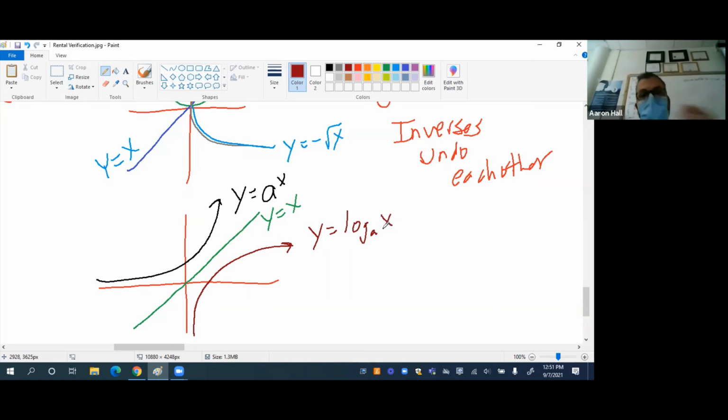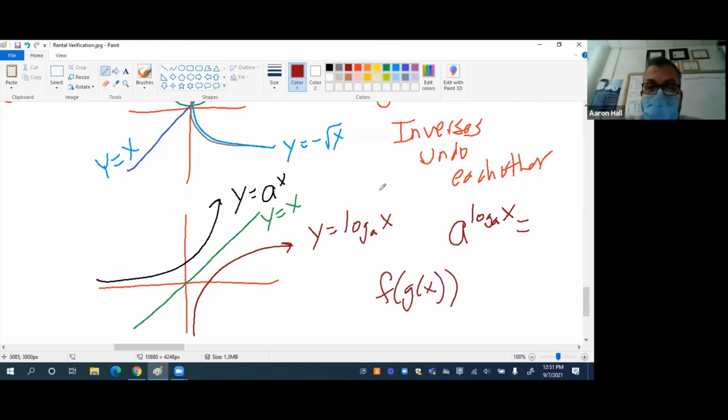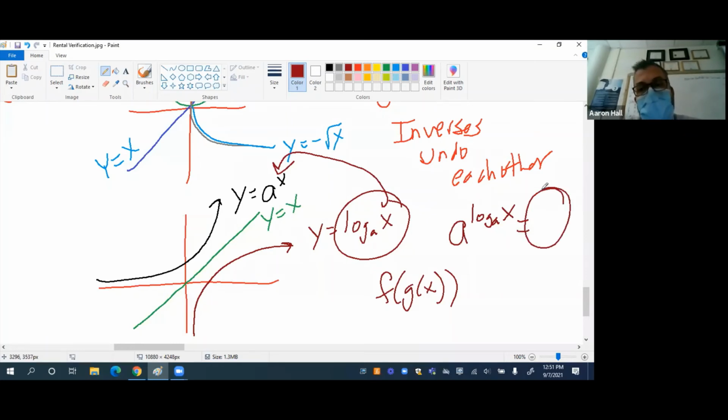Because these are inverses of each other, if I take a to the power of log base a of x, this has to be what? When I take f of g of x, I take one function and put it inside of the other function, it has to equal what?